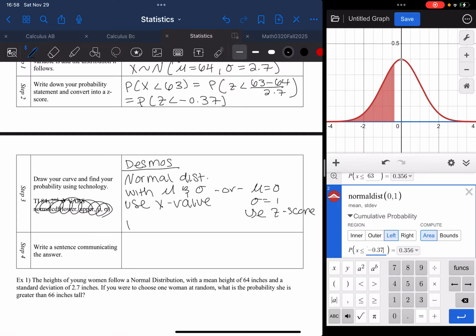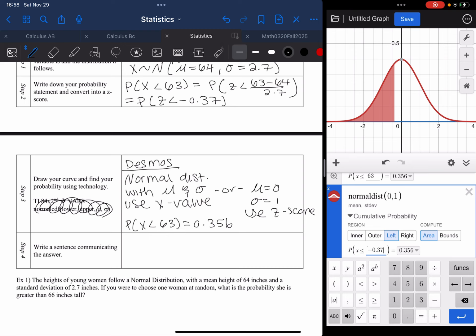So here I get p of x less than 63 is equal to 0.356. And it even gives us a nice image of what that diagram is going to look like, but we don't need to draw that diagram in order to get the points for our answer. And then the last step here is to write our sentence.